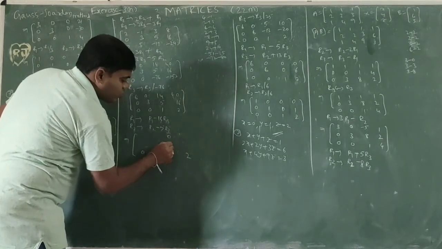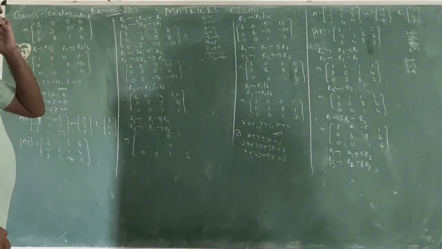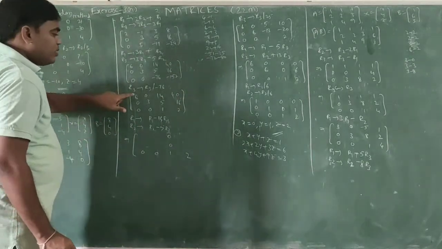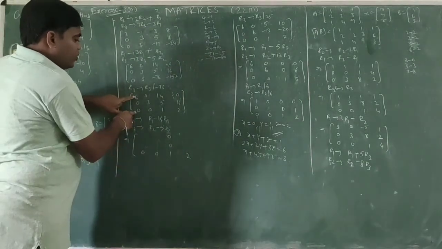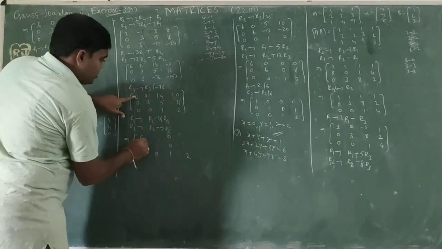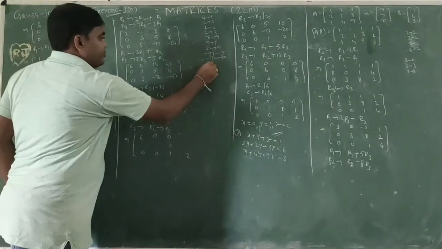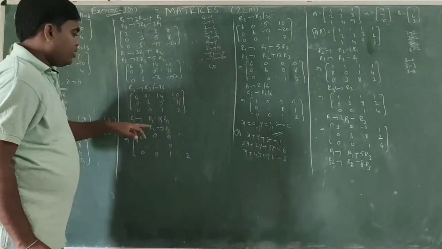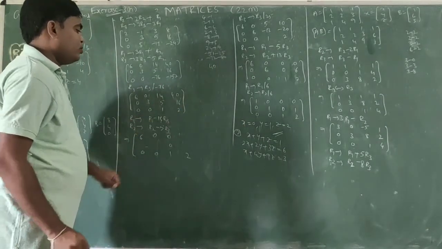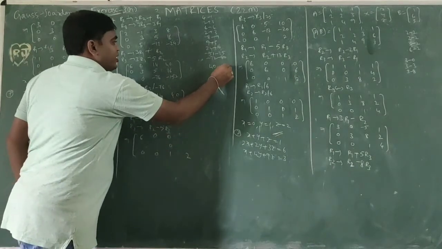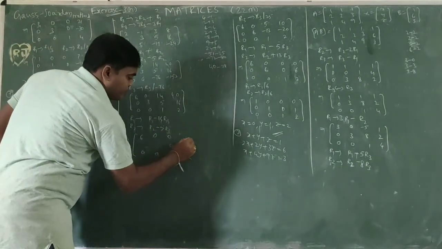To convert these two elements to 0, that's why I am writing this. So now this is 6. 14 into 0, 0. 6 minus 0, 6. These two are 0, 0. 14 into 2, 28. 40 minus 28 equals 12.